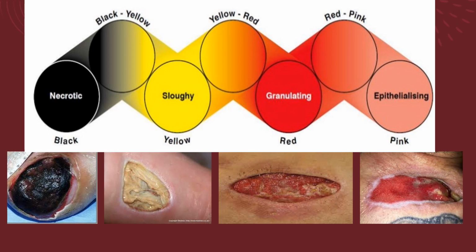Black tissue is necrotic gangrenous tissue. Then the range of gray and white. Then yellow is sloughy tissue. Then red is granulating tissue, which we are searching for, and pink is the reepithelialization tissue.